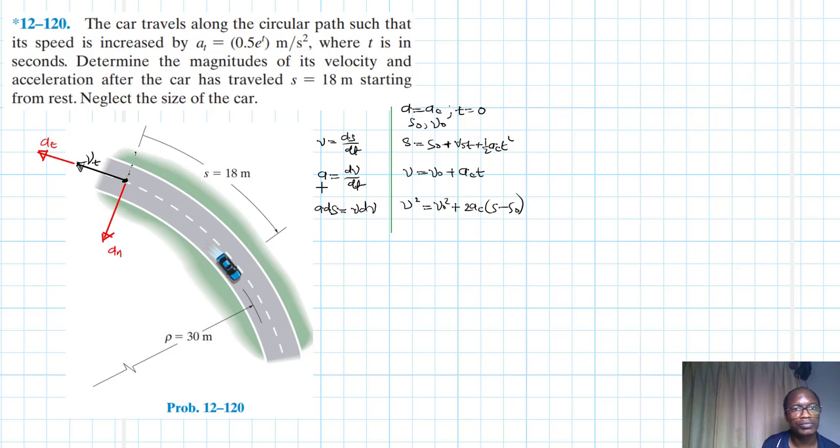So what do we have? We have a_t equal to 0.5 e to the power t, and also we have s equal to 18.